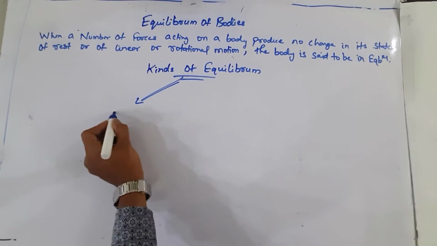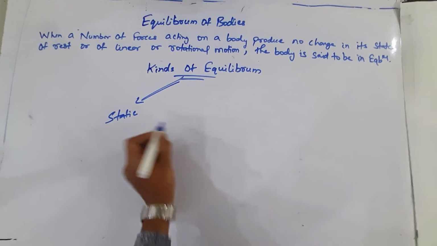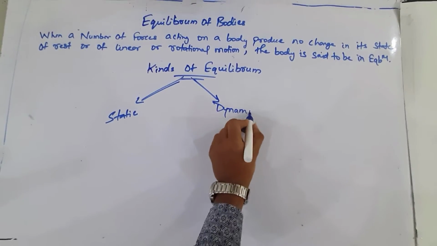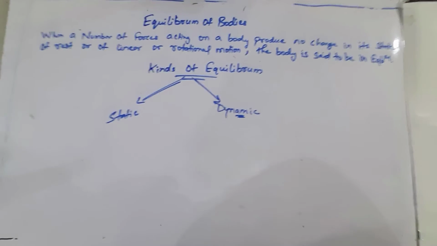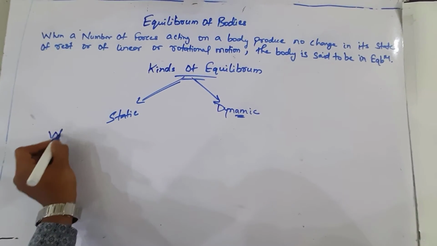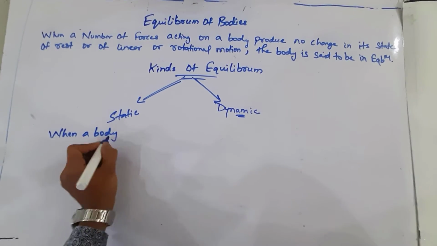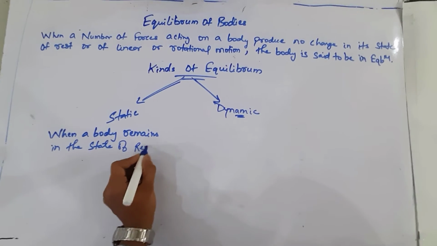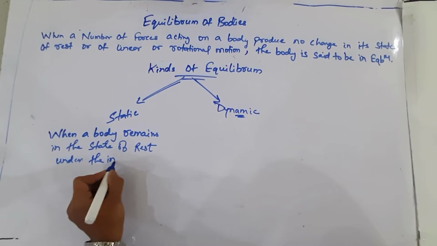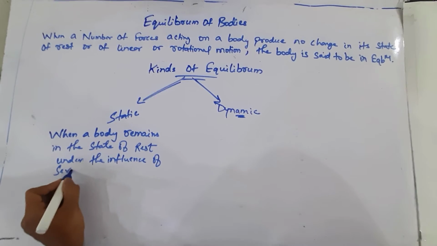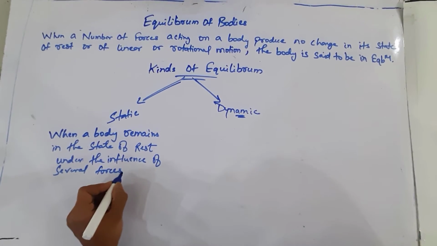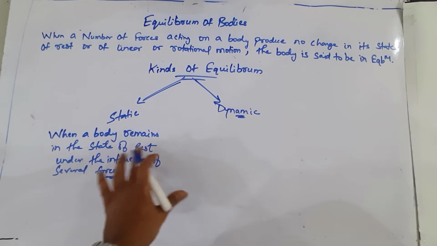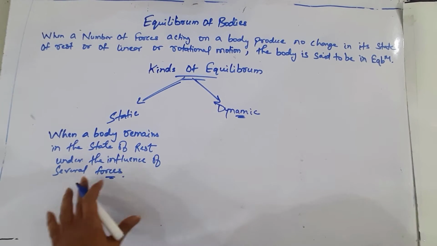The first one is static and the next is dynamic. Static equilibrium means when a body remains in the state of rest under the influence of several forces.